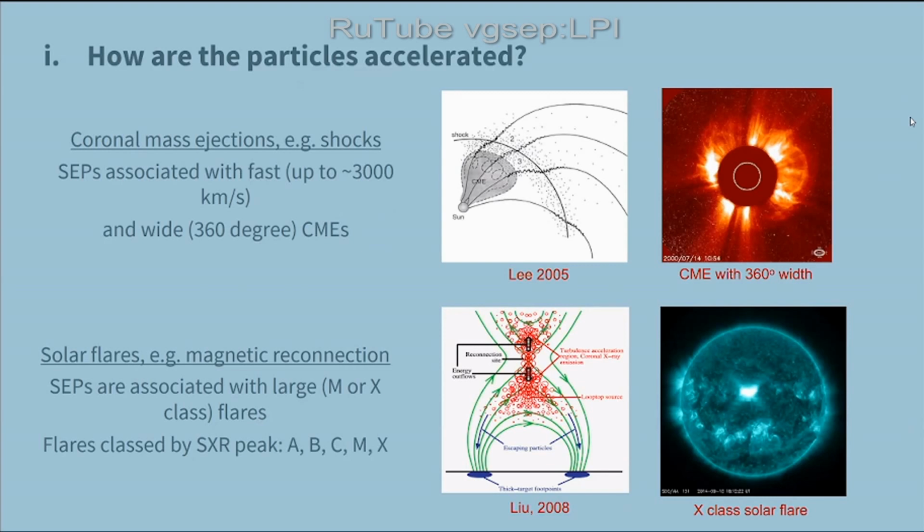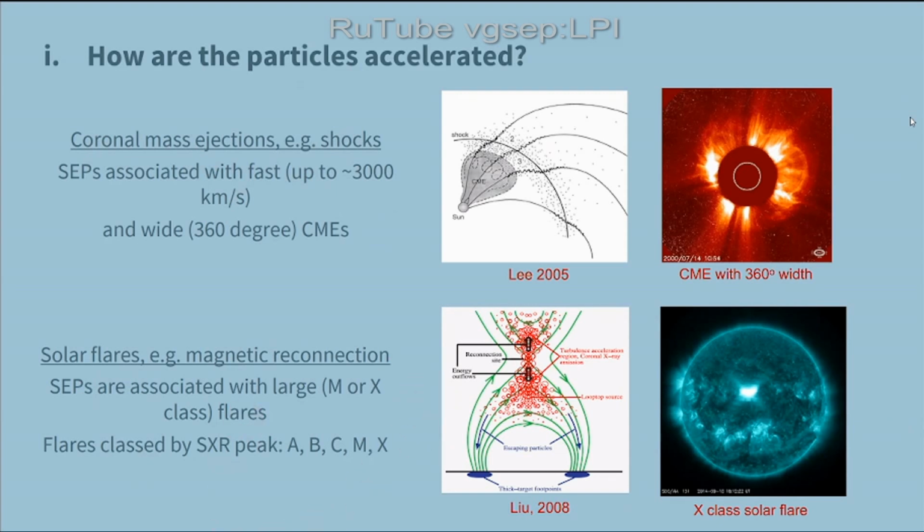So firstly, how are the particles accelerated? I mentioned that SEP events are generally associated with large solar flares and coronal mass ejections. So for coronal mass ejections, the acceleration mechanism is predominantly thought to be shock acceleration. And with solar flares, it's predominantly magnetic reconnection from the field lines in coronal loops like this.